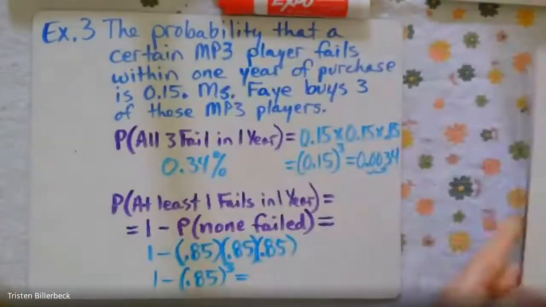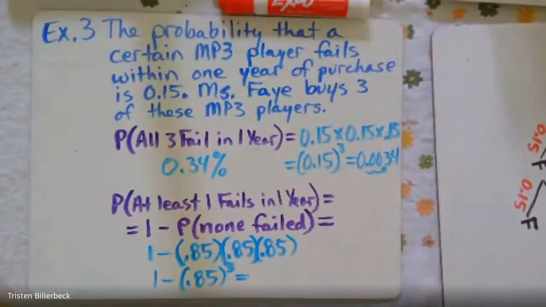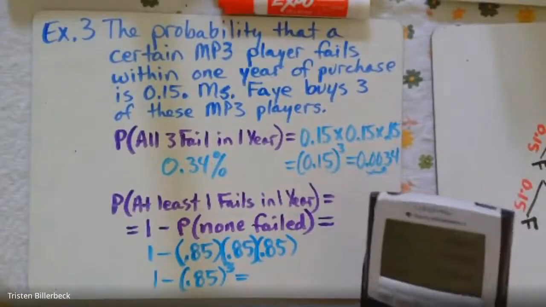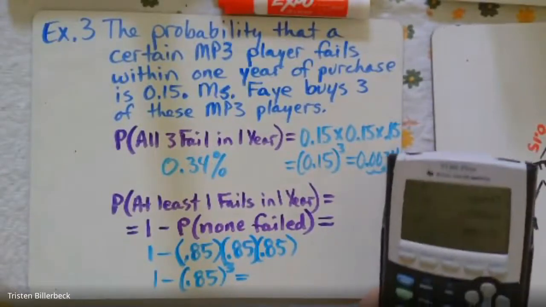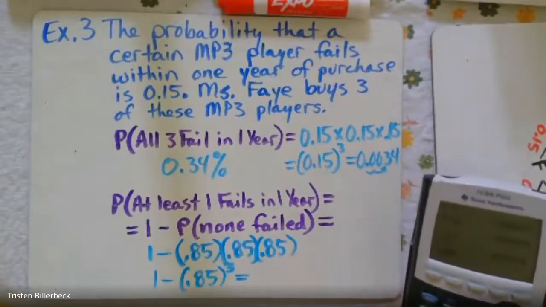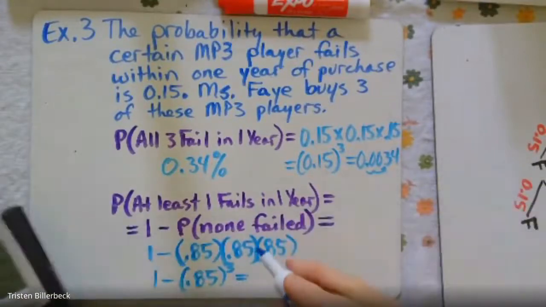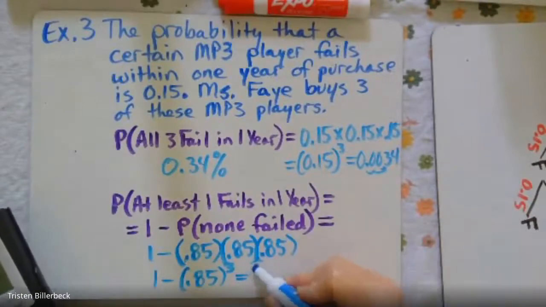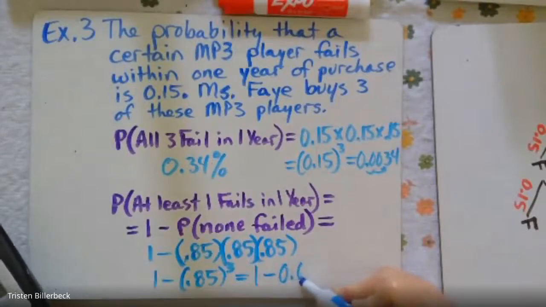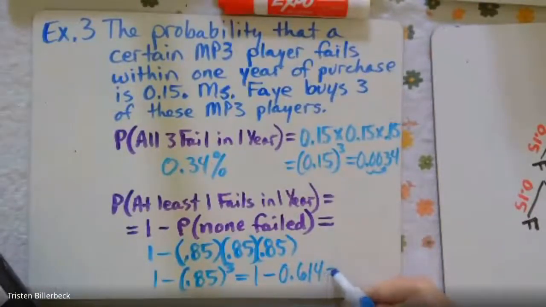Okay, so I am going to use a calculator for that one. 0.85 cubed is 0.614.